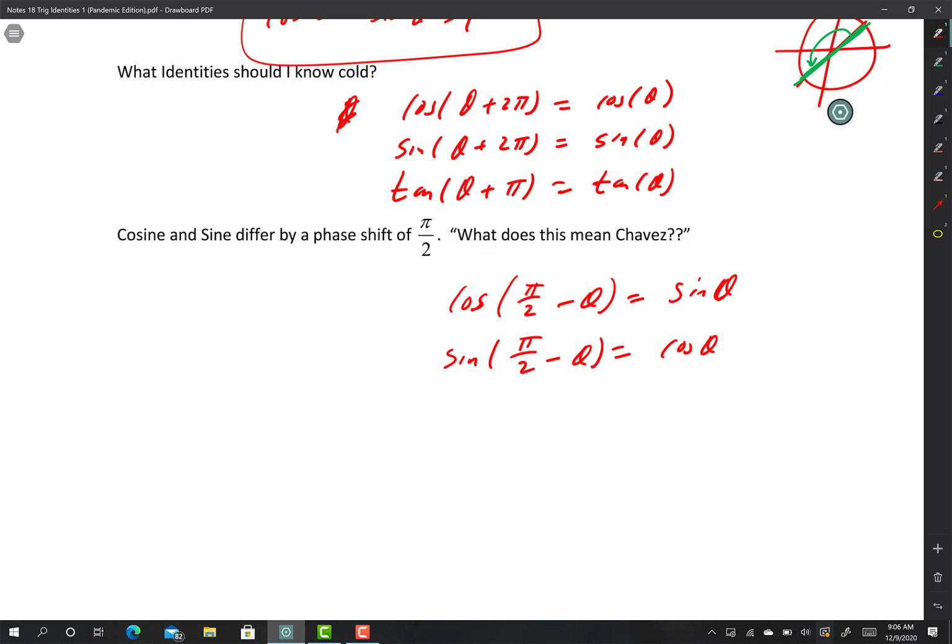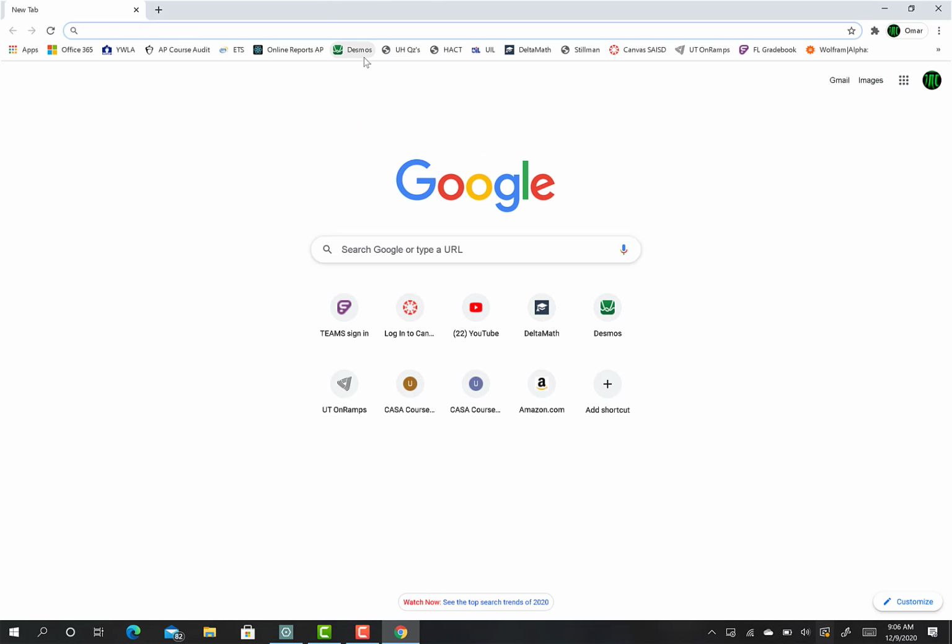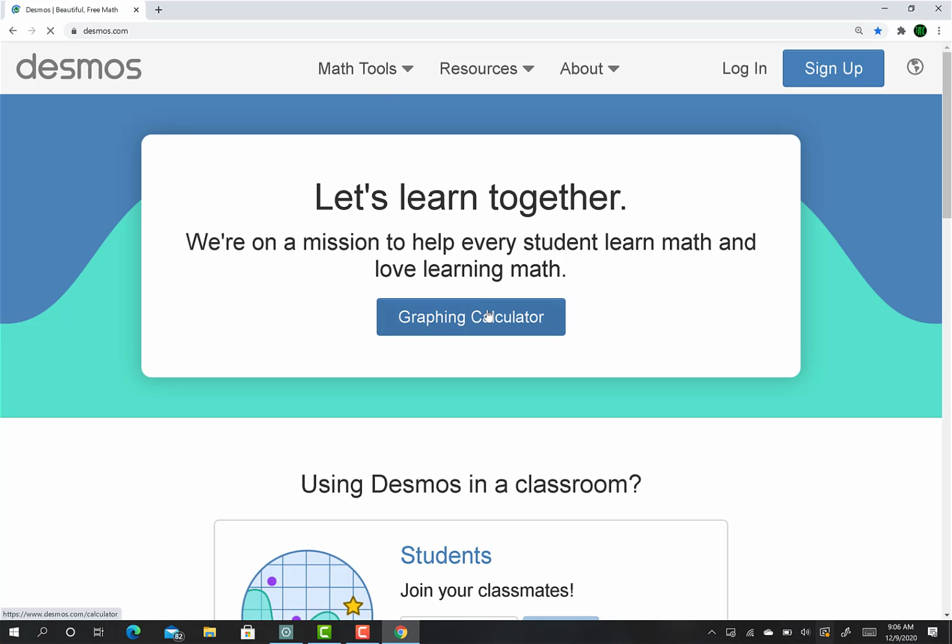And if you don't believe me, guys, let's go to Desmos real quick. I know you guys believe me, but just in case. Desmos, graphing calculator.